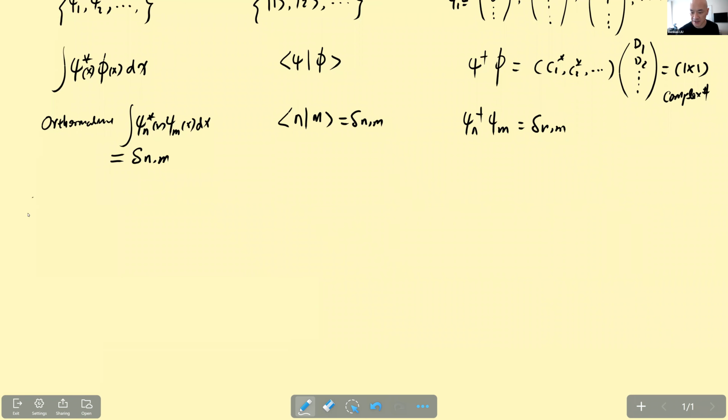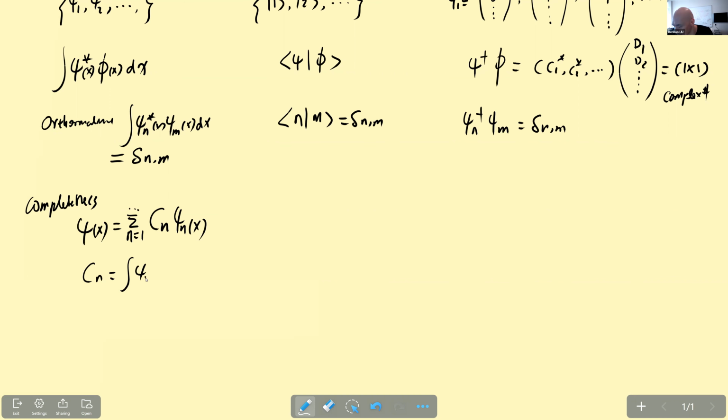You will also have a completeness. So that means any state, any function satisfying the same physical conditions can be written as the summation of the basis, right? This coefficient, of course, can be just written as this inner product between the basis state and the wave function that you want to expand. And correspondingly, you have the Dirac notation.